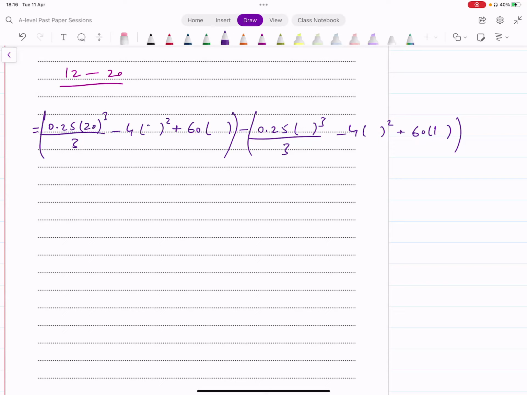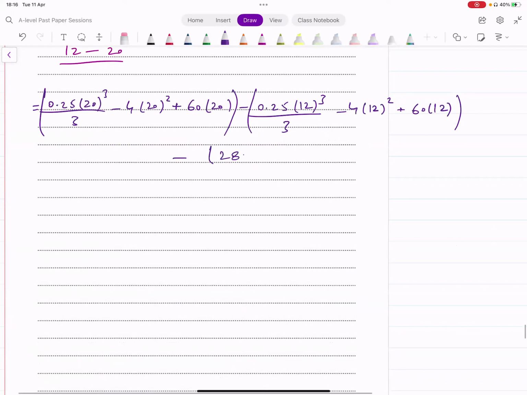So we have 20 here, 20 here, 20 here, we have 12, 12 and 12. ठीक है. सेकेंड ब्रैकेट का रिजल्ट तो आपको ऑलरेडी पता है, आपने ऊपर निकाला है. दिस वाज 288. फर्स्ट का हम देख लेते हैं. 0.25 into 20 cube divided by 3 minus 4 into 20 squared plus 60 into 20. That is giving me 800 over 3.